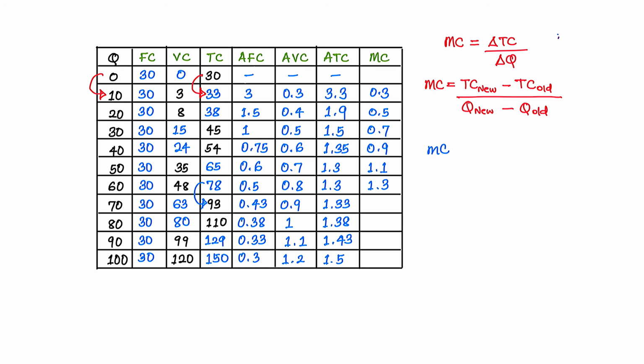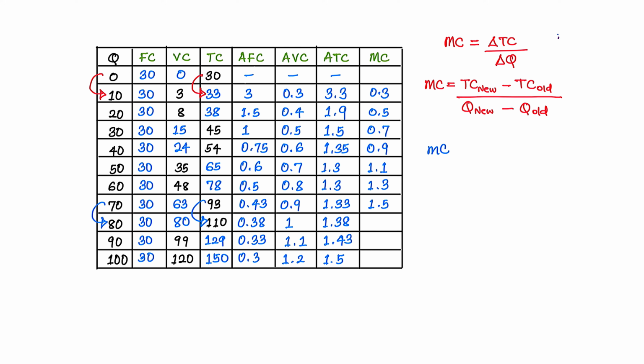Next, the marginal cost when cost increases from 78 to 93. So the increment is 15 divided by change in the quantity, which is 70 minus 60, that is 10. Hence, the marginal cost equals 15 divided by 10 is 1.5. Next, the marginal cost when cost increases from 93 to 110 and output increases from 70 to 80.